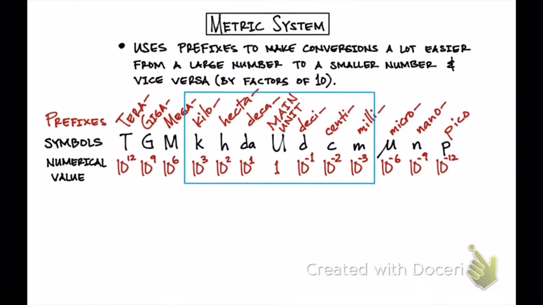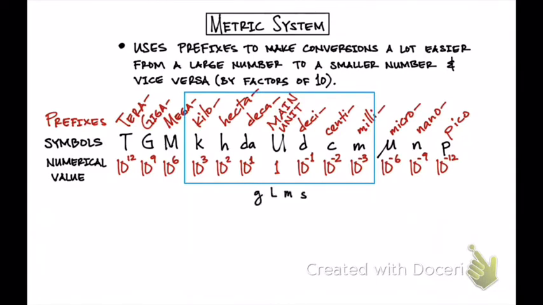In other words, 1,000 meters. Because that prefix k is equivalent to 1,000. And so if you put 1 km, you just replace that k with times 10 to the third power, and you get 1,000 meters. Okay, and we'll talk more about the metric system and converting from one unit to another later on in this chapter.